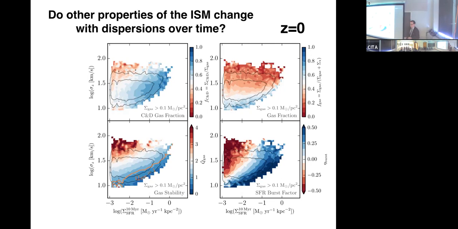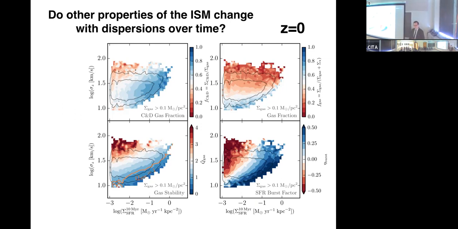And if it's red, it's probably exploding and not actually something you should think of as a stable ISM. And then I've tried to make some parameter of a burst factor. You might think of this as the ratio between 10 million year star formation and 100 million year star formation. So blue is star bursting, red is starbursted gas.